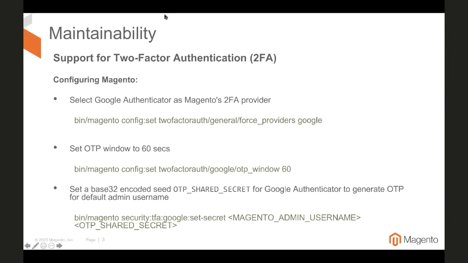So in the following command, you specify the Magento admin username, which should be the one you use in your .env, and make sure the OTP shared secrets is base 32 encoded. Otherwise, you will get a decryption error.